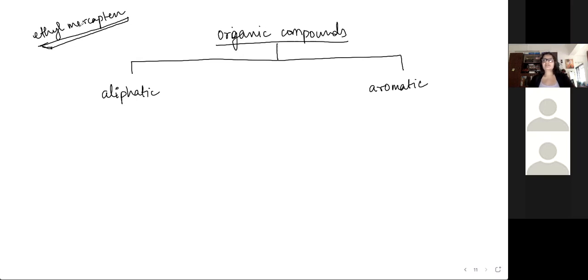Now, if the regulator is not working properly, or if you have not shut the gas completely, and the gas keeps leaking, you can't see it, it doesn't have a color, it doesn't have an odor. Detection becomes difficult, right? That's why they add this compound, so that you can detect it, and if there is a gas leak, you can take the necessary precautions.